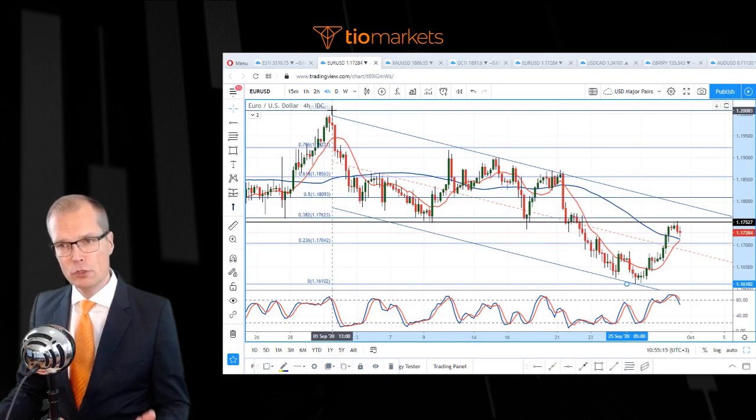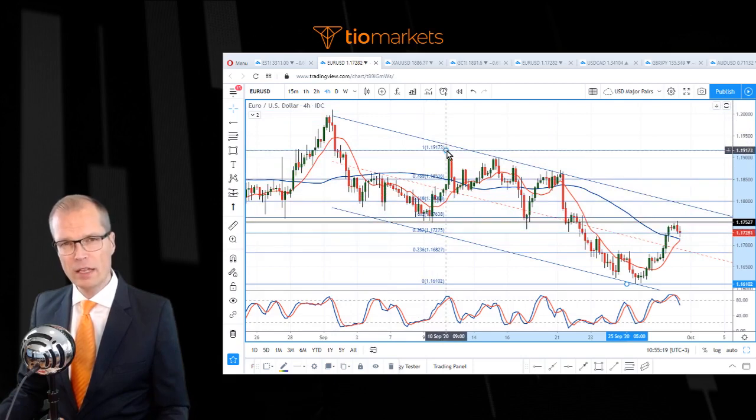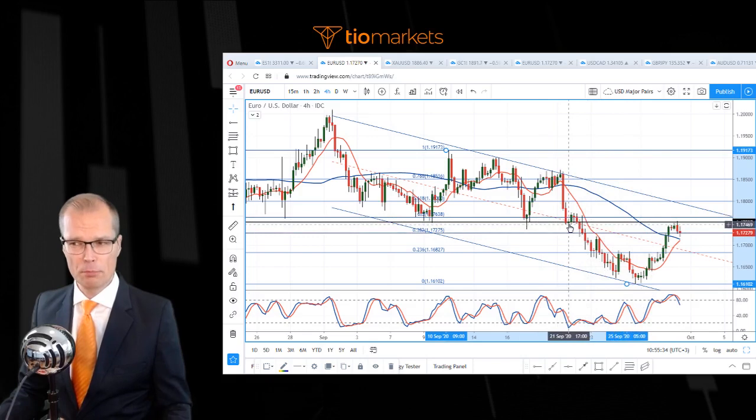Now, whether you choose this or this high, you either get 38.2 or 50% level. So either 38.2 or 50% level come close to this current key level.